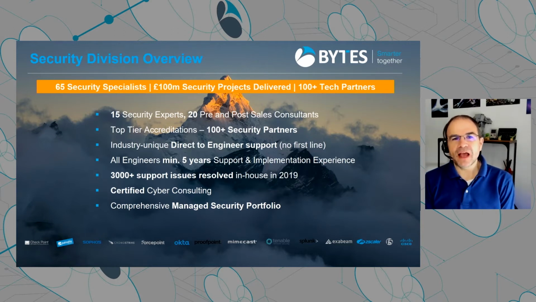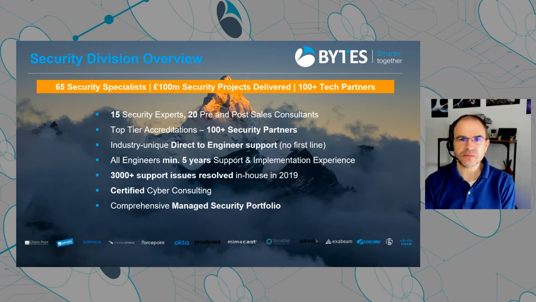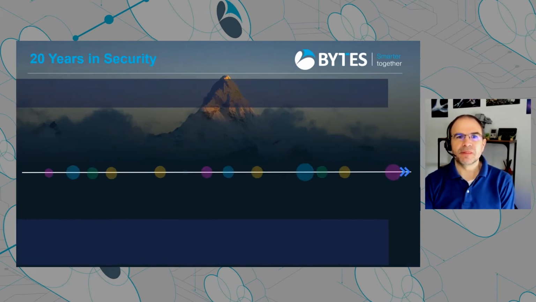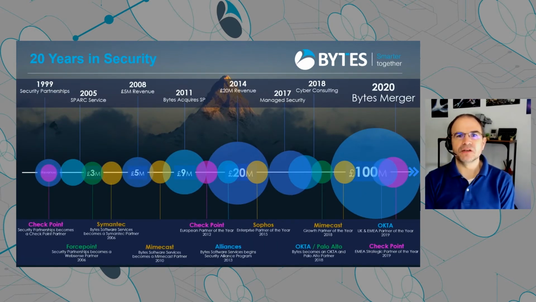So we have all the things that Bytes Security Partnerships used to do, which I'll come on to in a second, but this is really a summary of how the business looks. For those of you that don't know what the broader business looked like, this is kind of the timeline of security within Bytes. So Security Partnerships, as it was, was actually founded in 1999, depressingly or happily, depending on which way you look at it.